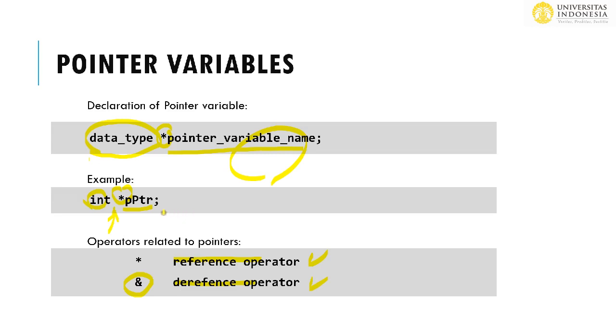So we recommend you put PTR with a capital P as a sign that this variable is a pointer. Because in some quite complicated programs, you have a very long list, and you don't know which one is the pointer and which one is the ordinary variable.